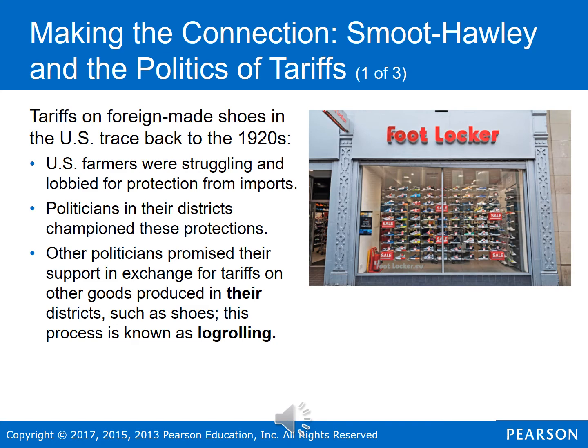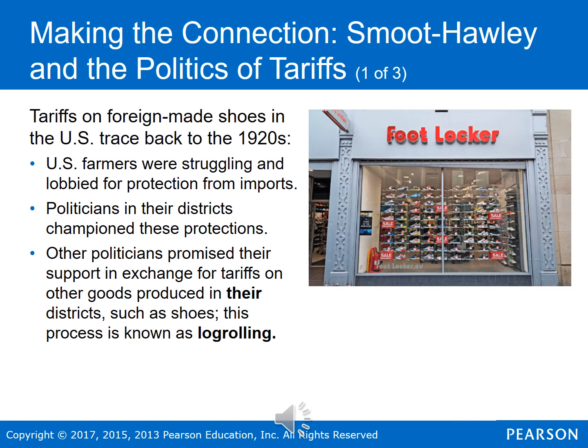So they lobbied for protection from imports of other crops from other countries. Now, politicians in their districts championed these protections because that's what their constituents were interested in. That's how they could get votes. Well, other politicians in other parts of the country promised their support for these farm protections, for these tariffs or for import restrictions, if the politicians in the farming districts would support the tariffs on manufactured goods in their district.